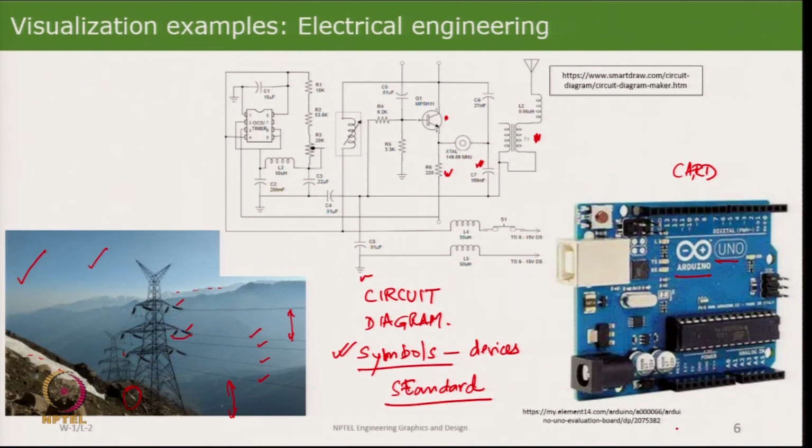So, what you see here is the substrate, on which various devices have been mounted. So, this is one, this is another one, this is another one, and so on. And the sequence in which these are connected is shown by these little lines which are running on the card itself.